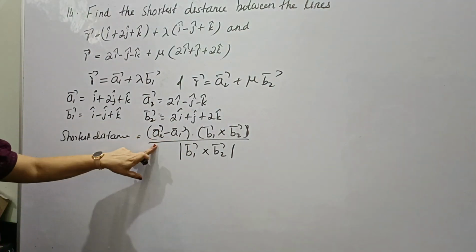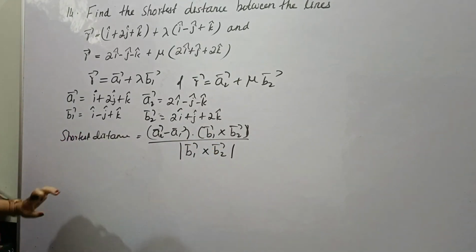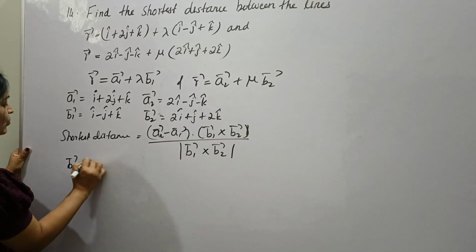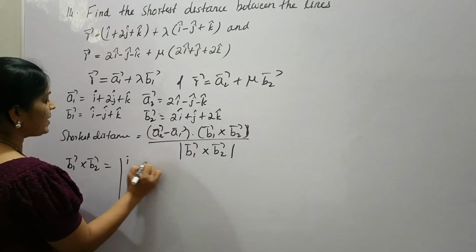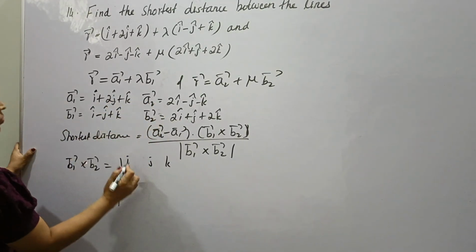So let's find these things: vector A2 minus vector A1, vector B1 cross vector B2 and its magnitude.